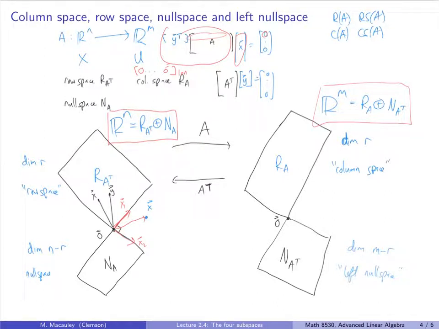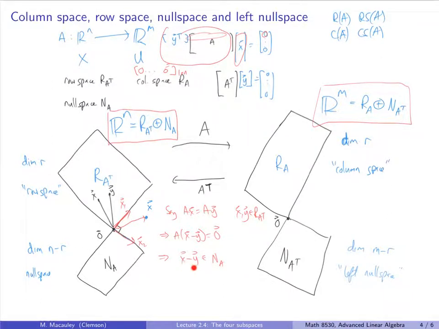So let's say that Ax equals Ay, where x and y are in the row space. And then what does this mean? Then that means that A times (x minus y) equals 0, and so that means that x minus y is in the null space, because this is something that gets mapped to 0.